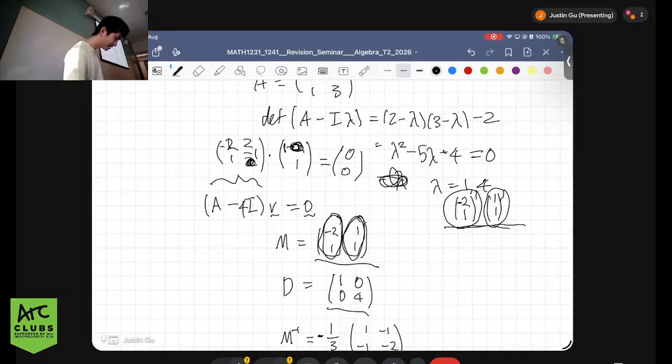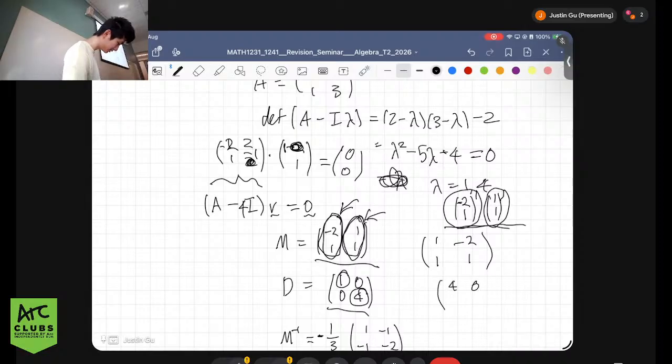Note that this has eigenvalue 1, so we put 1 here in the diagonal matrix, and the eigenvector here corresponds to the eigenvalue 4, which is why we put 4 here. If we swap the order, you could also choose M to be 1, 1, negative 2, 1, and then D would be 4, 0, 0, 1. But there's lots of ways to do that.